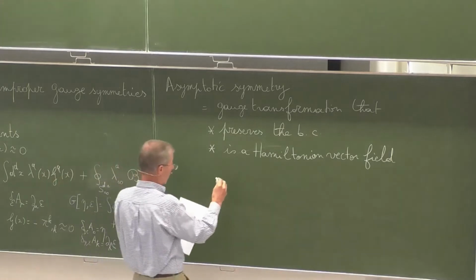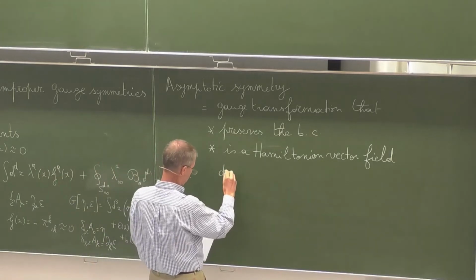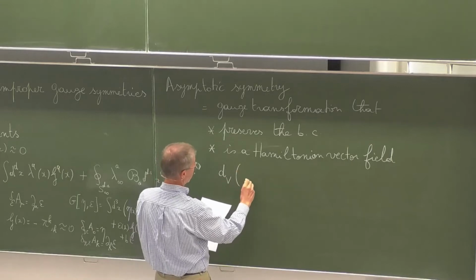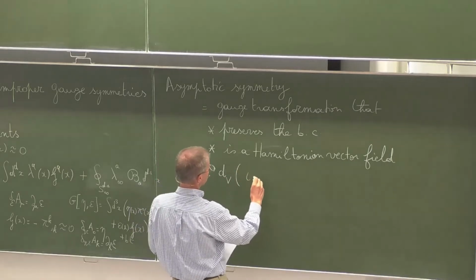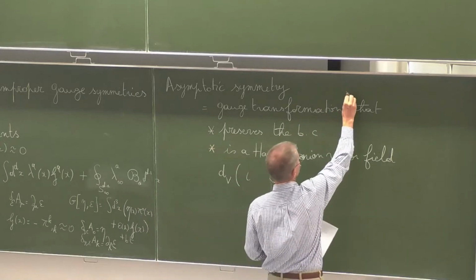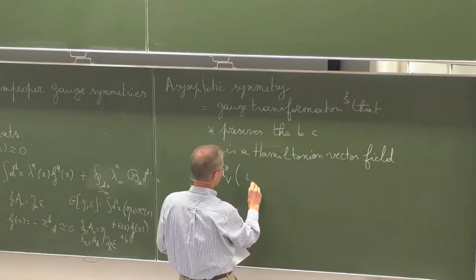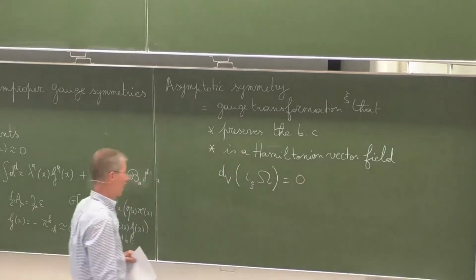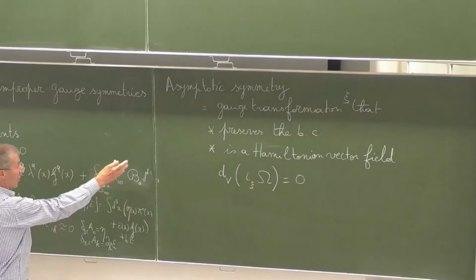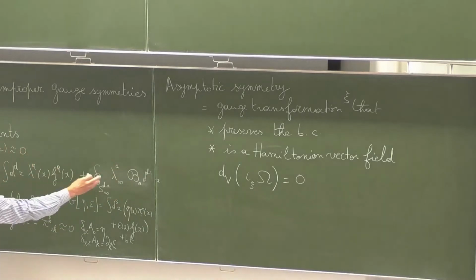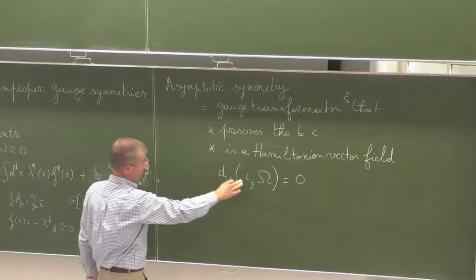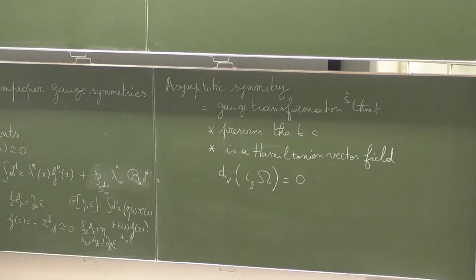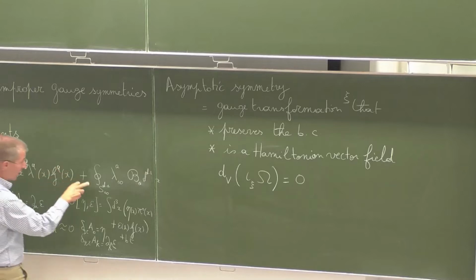So that means that the following equation is fulfilled: the internal contraction of the gauge transformation vector xi with omega is equal to 0. And then we know, because it's a gauge transformation and from the Dirac analysis, that the generator will be Hamiltonian, and it will take that form, proportional to the constraints, plus a surface term.